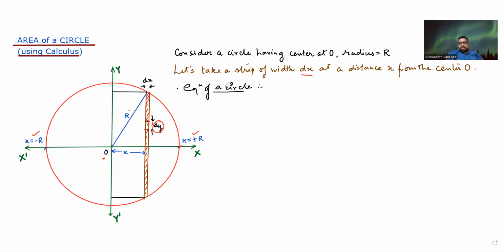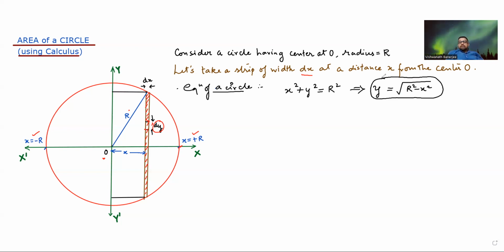So for a circle having center at O, which I can call the origin as well, and radius r, my equation is x squared plus y squared equals r squared. It's a well-known formula for the equation of a circle. From here, I can write y equals under root of r squared minus x squared. This we will use, right?